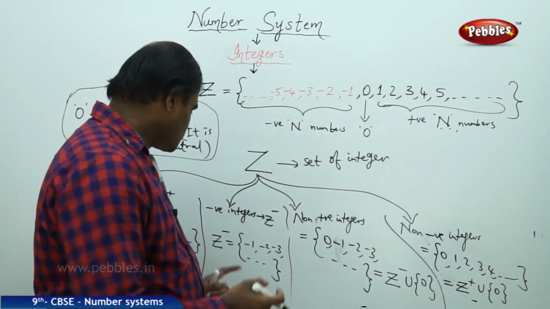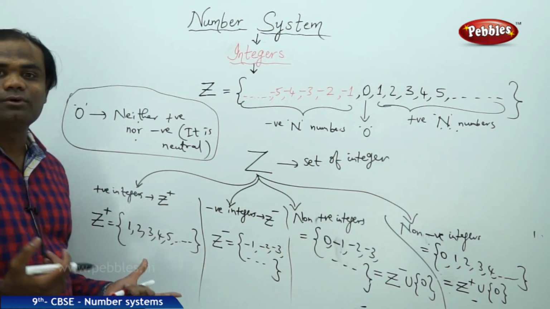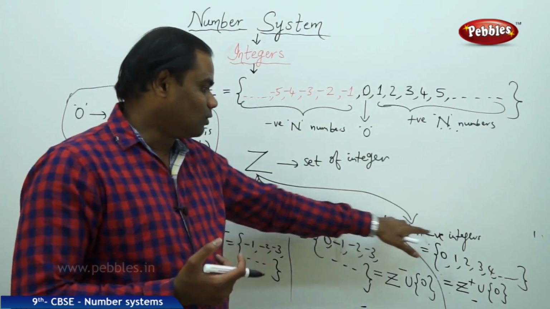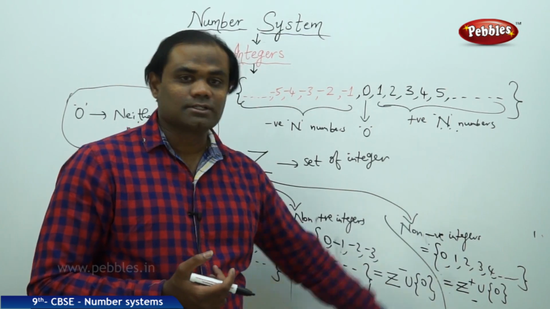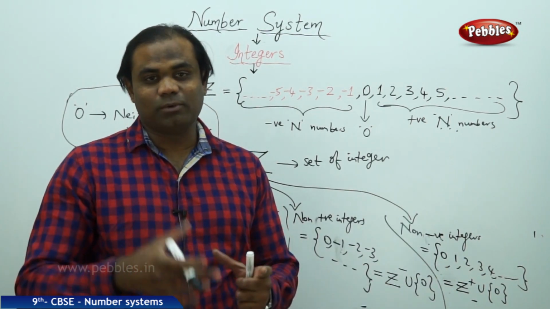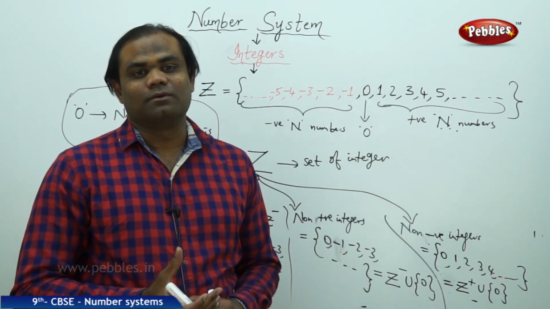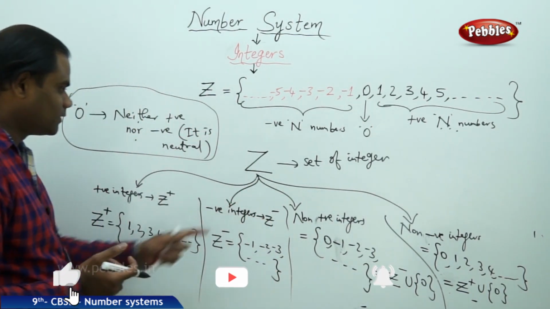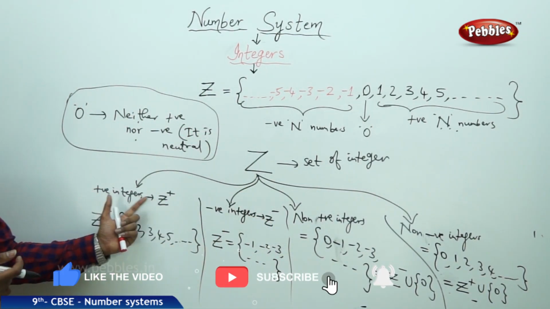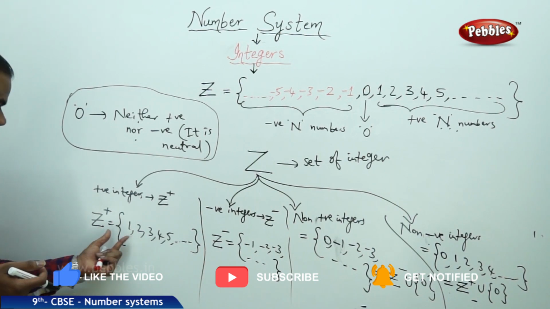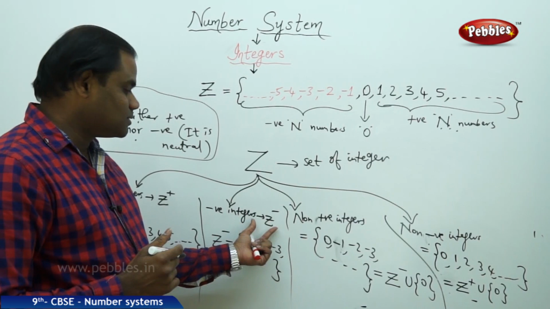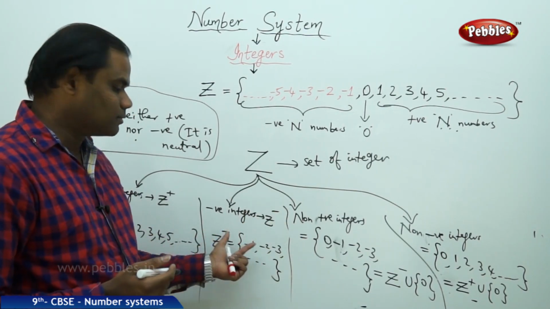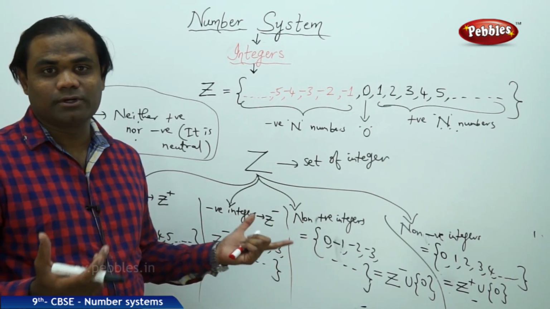This is the set of non-negative integers, which is a combination of positive integers and 0. Therefore, I have 4 classifications for Z: the positive integers denoted by Z plus, which has 1, 2, 3, 4, 5 till infinity, and the negative integers denoted by Z minus, which includes minus 1, minus 2, minus 3, and so on and so forth.